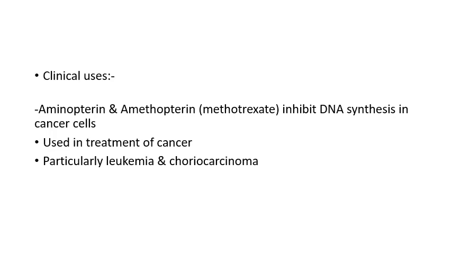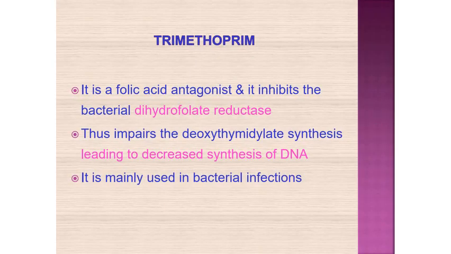As we know, cancer is an uncontrolled proliferation of cells. So this cell division can be inhibited by giving this drug, by inhibiting the dihydrofolate reductase enzyme. Now another example, trimethoprim. It is also a folic acid antagonist, and it inhibits the bacterial dihydrofolate reductase enzyme. As in the previous figure, we have appreciated the role of dihydrofolate reductase.